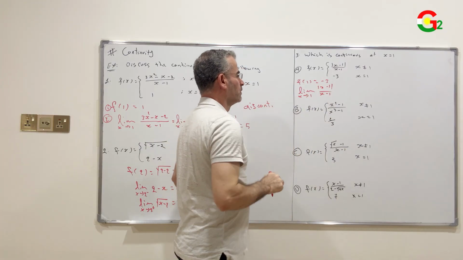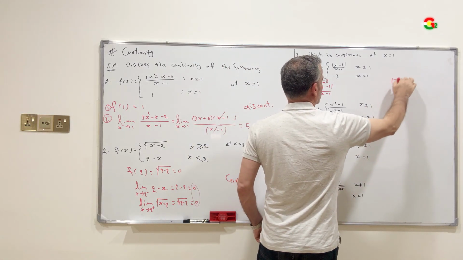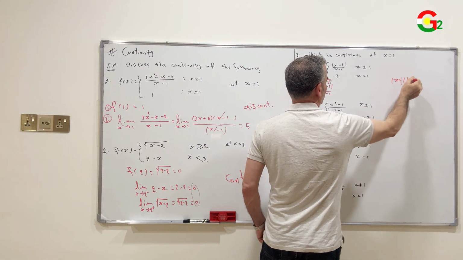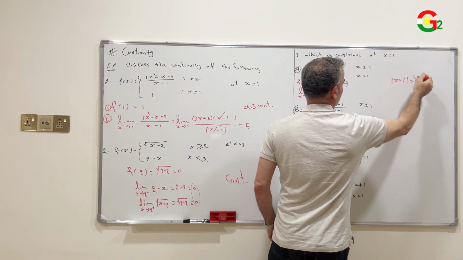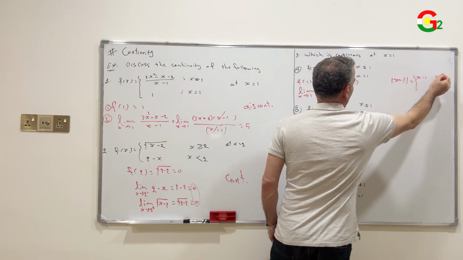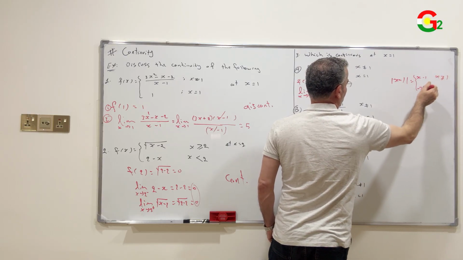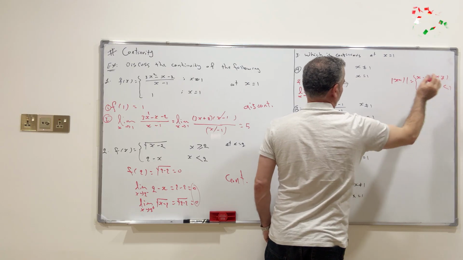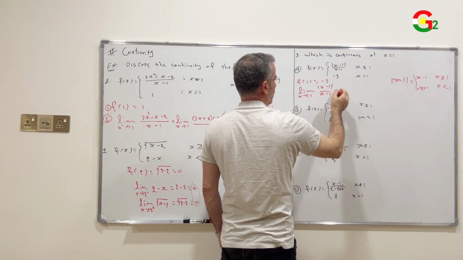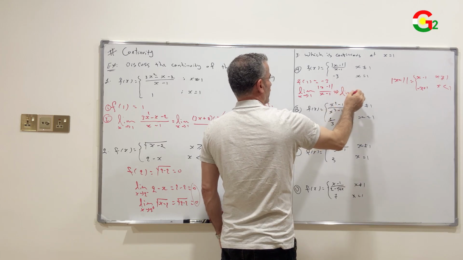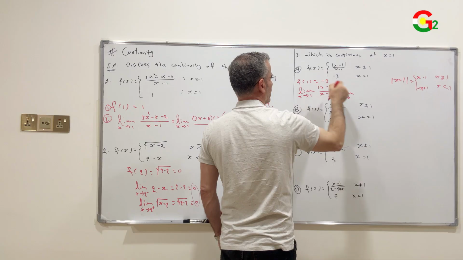But to simplify, I'll remove the absolute value by using its definition. It is equal to x − 1 when x is greater than or equal to 1, and −x + 1 when x is less than 1. Then I'll take it from left and from right, and see if it is equal to −3 or not.